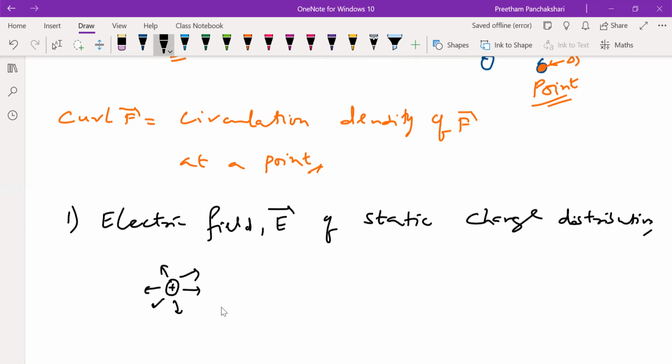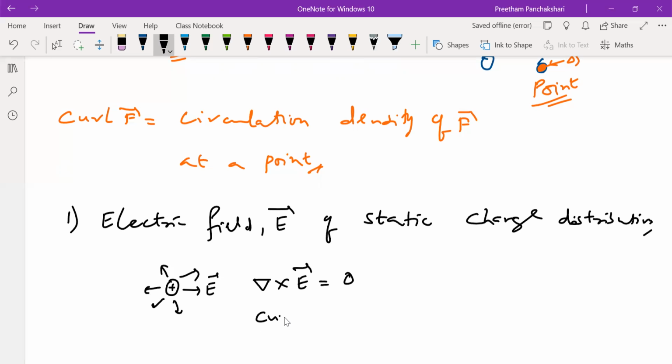So these lines of electric field are not rotational in nature, they are irrotational. So we used to explain the concept of electric field of static charges: del cross E is equal to 0. This mathematical equation will be learned later.